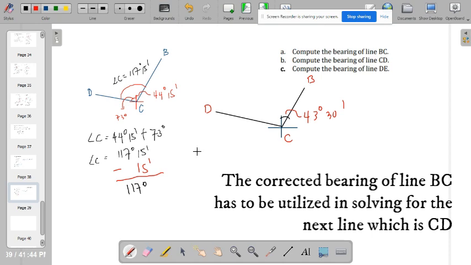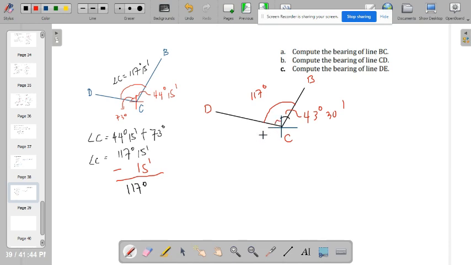Okay. Now, yung ating interior angle na corrected is 117. Okay, 117 yung ating interior angle. So, kailangan natin ito. We need this. No? That's the CD. Ito yung kailangan natin na theta CD. No? Okay.